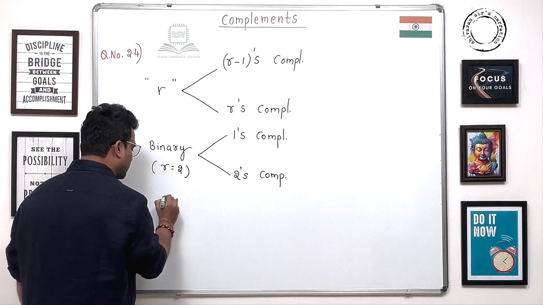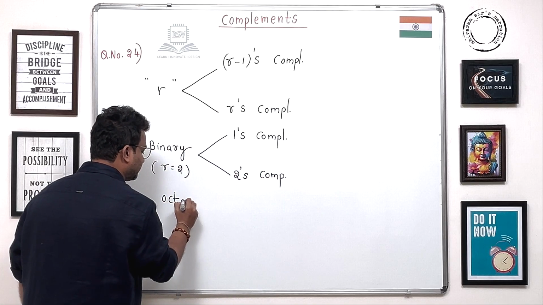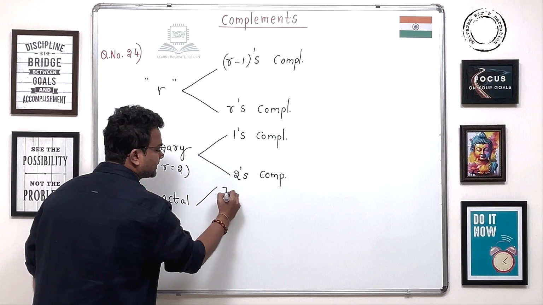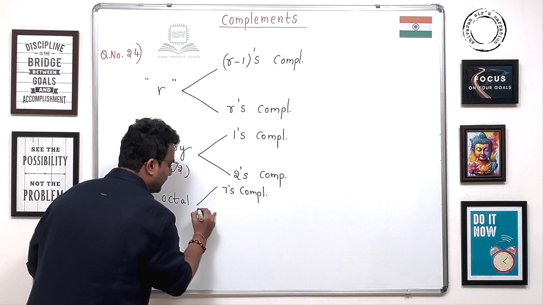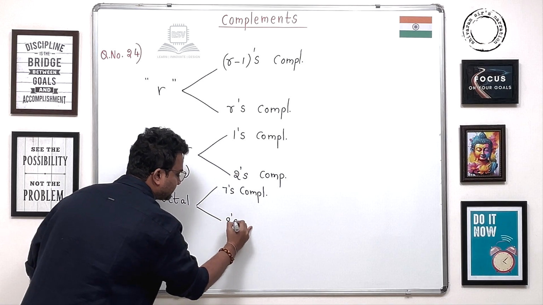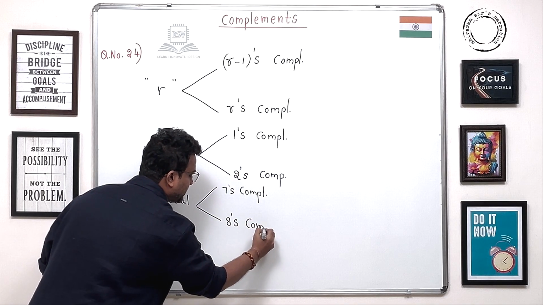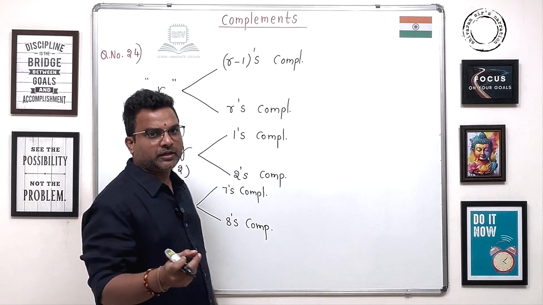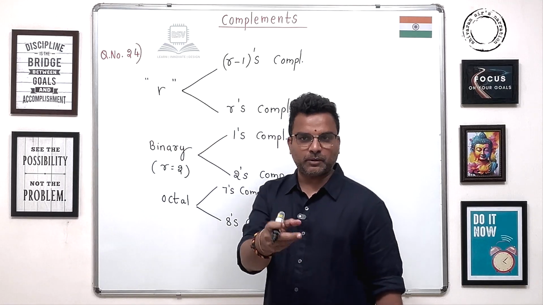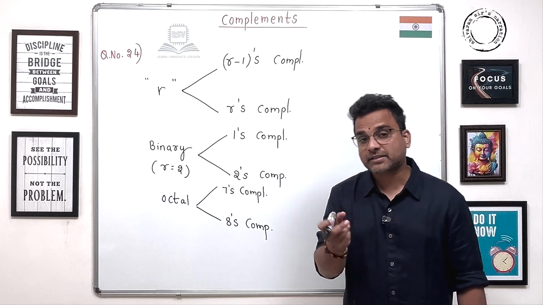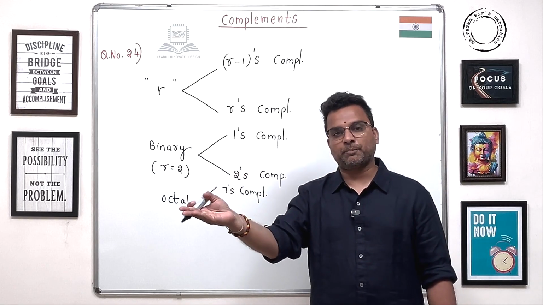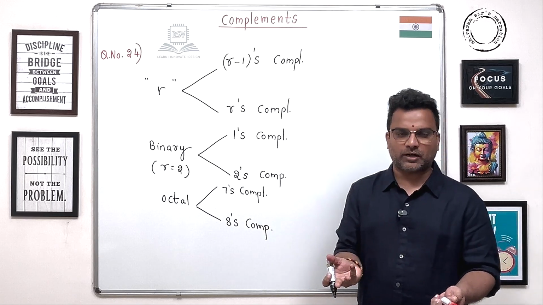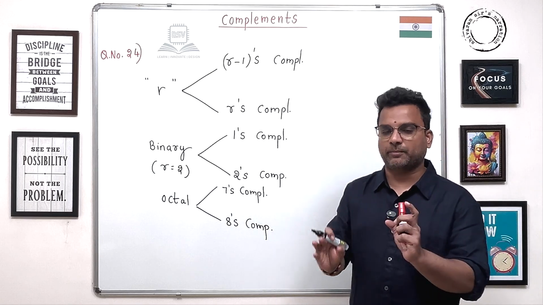Similarly, if you take octal, you get 7's complement and 8's complement. As usual, if you take decimal, 9's complement and 10's complement. Hexadecimal has F's complement and 16's complement. Of course, F's complement is also called 15's complement.